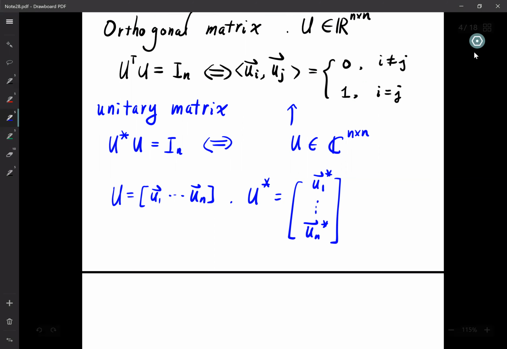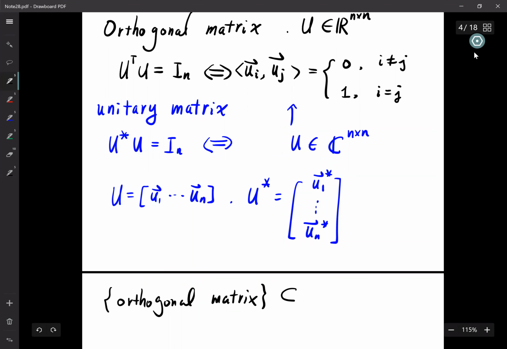Therefore, any orthogonal matrix is in the set of unitary matrices. An orthogonal matrix must be a unitary matrix. Any question?